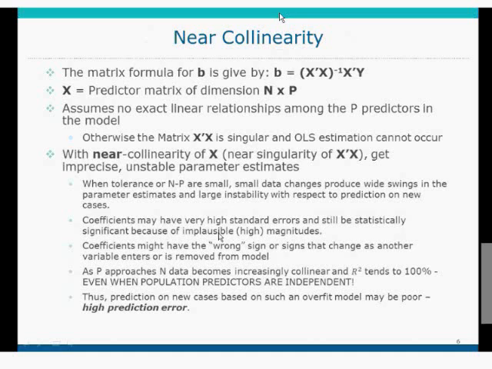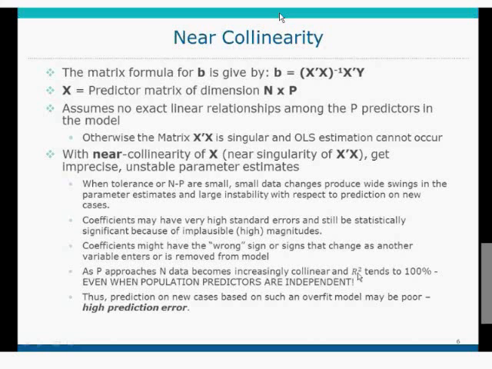Coefficients may have very high standard errors and still be statistically significant, possibly because of implausibly high magnitudes. Coefficients may have the wrong sign, or signs that change as another variable enters or is removed from the model. And as p approaches n, the data becomes increasingly collinear.